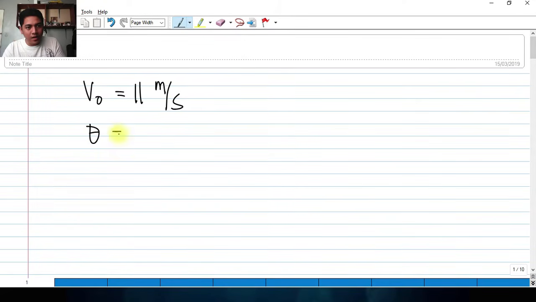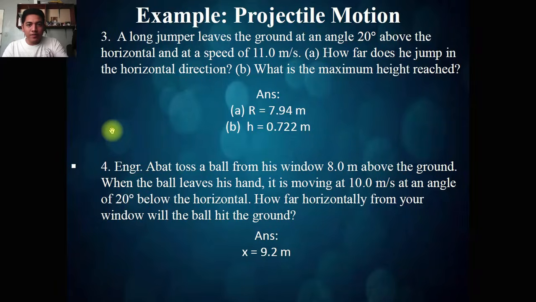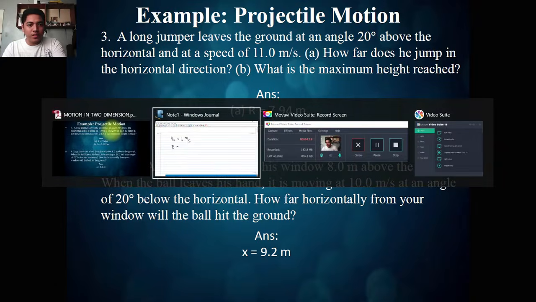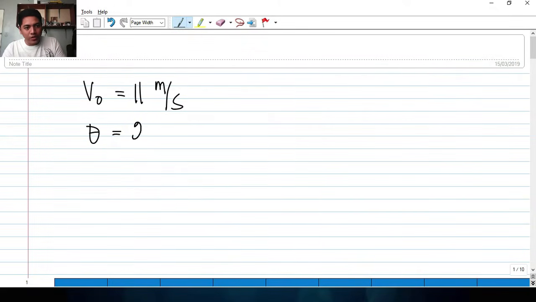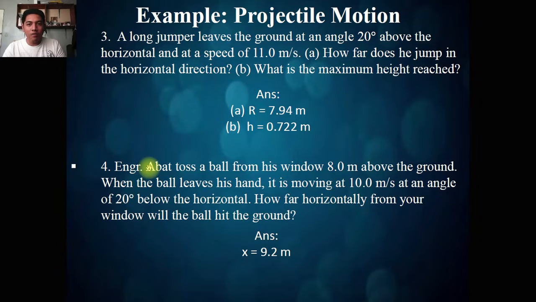And the angle at which he leaves the ground is 20 degrees above the horizontal. The question is, how far does he jump in the horizontal direction? That should give you the horizontal range by this jumper.